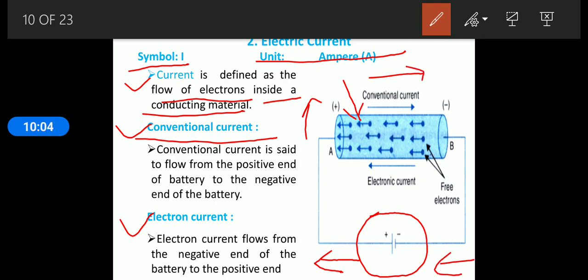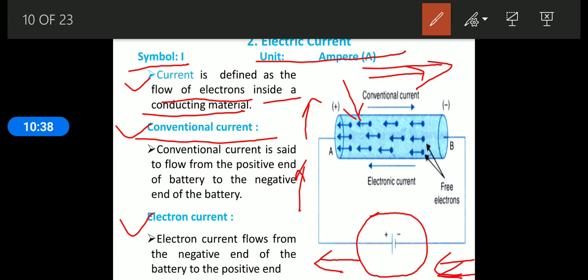That is, the conventional current is said to flow from the positive end of the battery to the negative end of the battery, positive terminal to negative terminal. The conventional current flows from the positive terminal of the external DC source to the negative terminal of the external DC source.